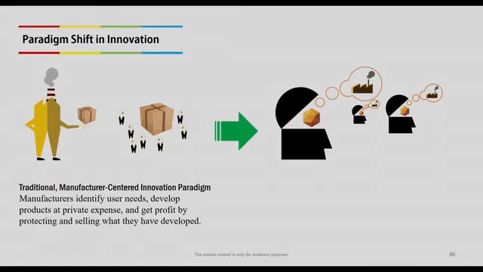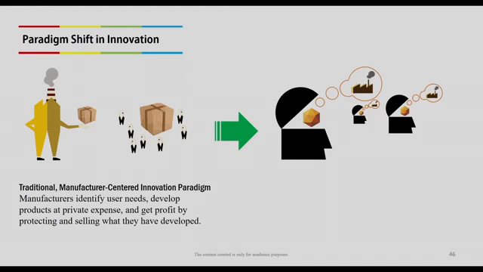So, now we will see how the paradigm is shifting in innovation. The previous paradigm was the traditional manufacturer centered innovation paradigm. Manufacturers identify user needs, develop products at private expense and get profit by protecting and selling what they have developed.